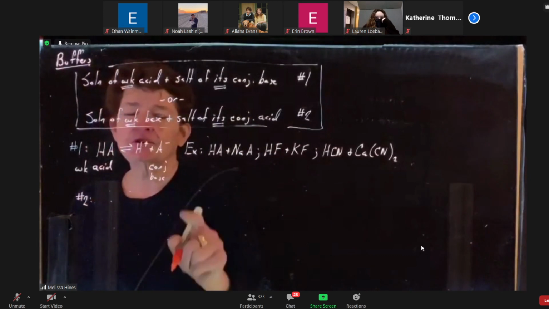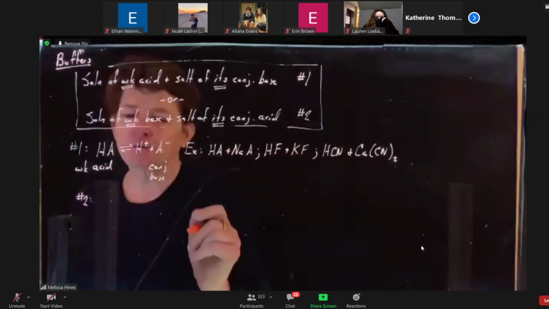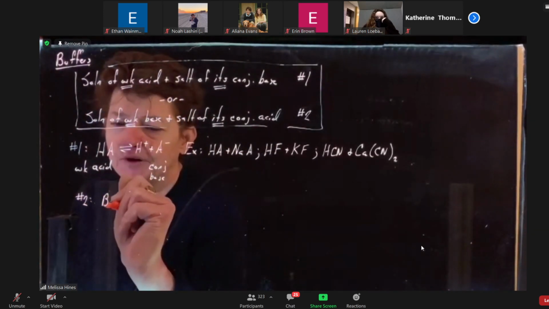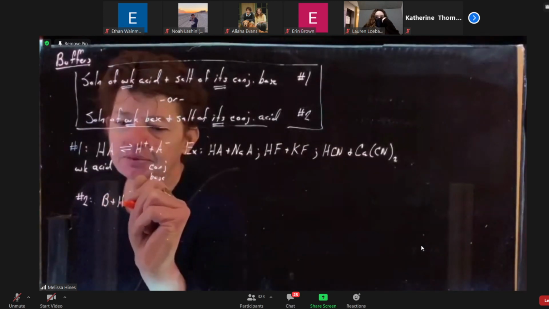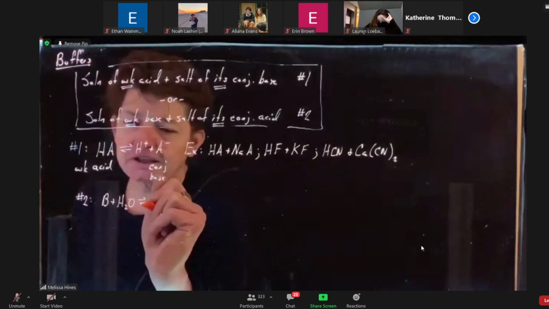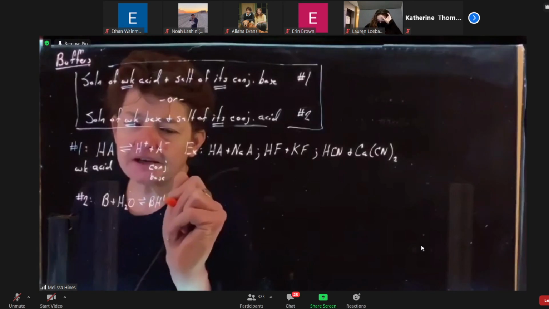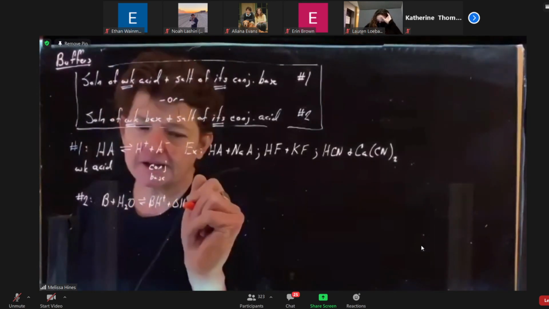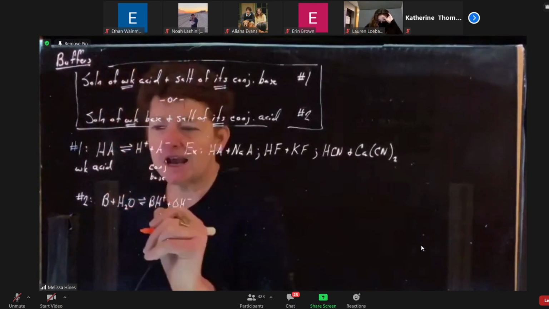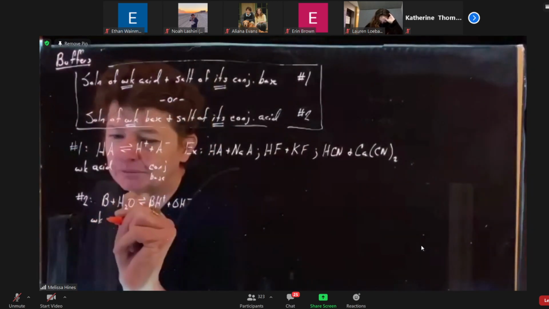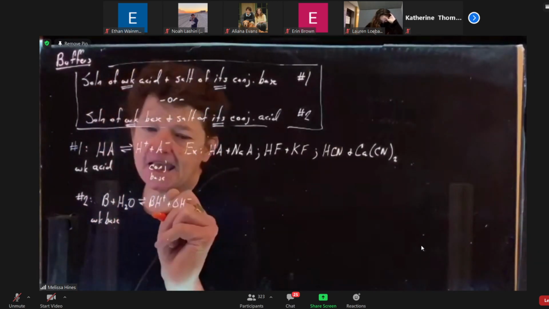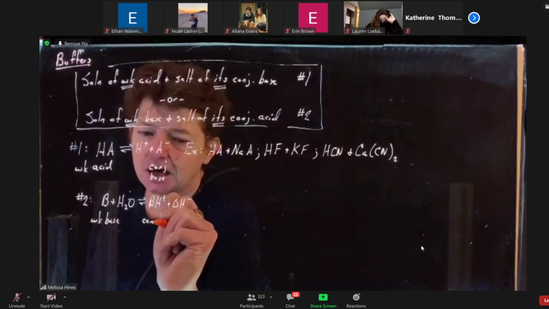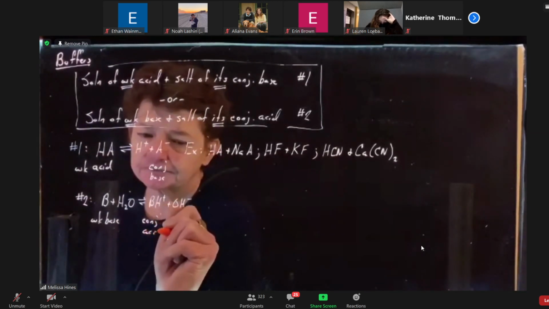Let's look at number 2. Well, if we're looking at number 2, we're dealing with a weak base equilibrium. So the equilibrium we are interested in is base plus water in equilibrium with BH plus and OH minus. Okay, so now we are going to have a weak base, and we are going to have its conjugate acid.